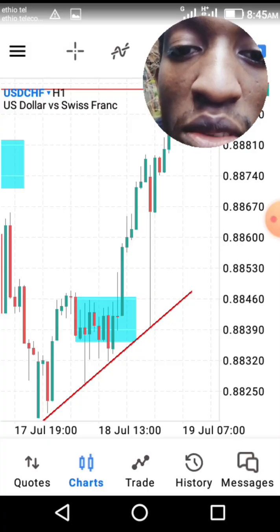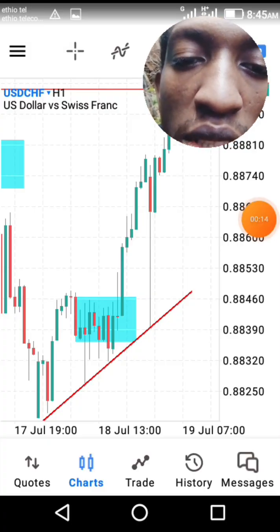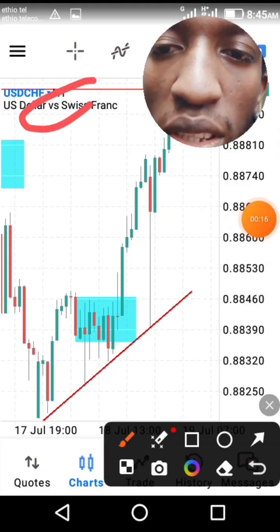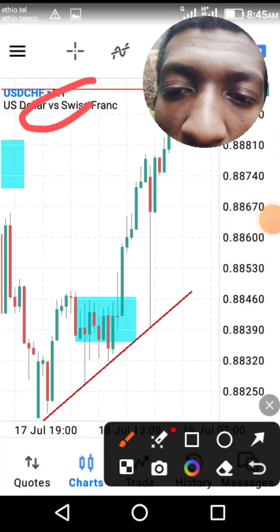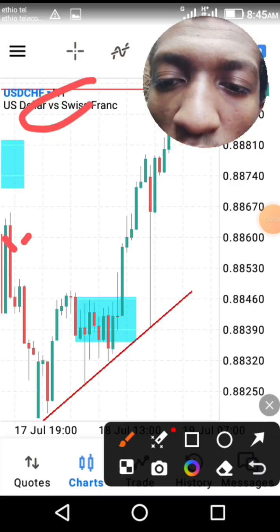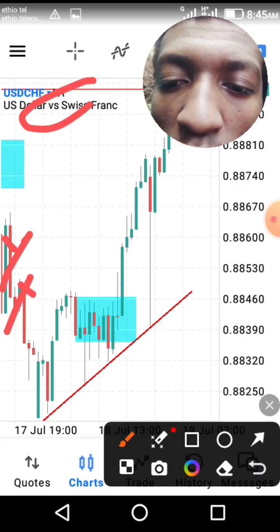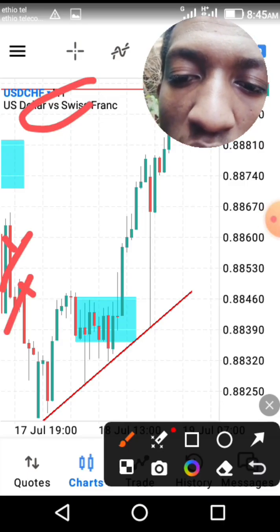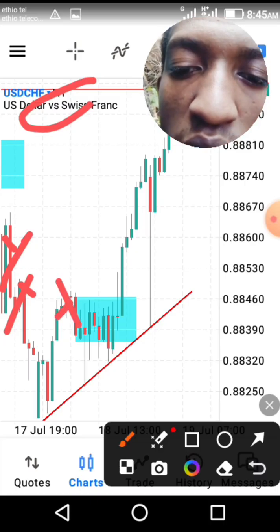This one we have already seen. Okay, dollar shape, I've already talked about this. Okay, this black box and this black box, and right there this black box and this black box.